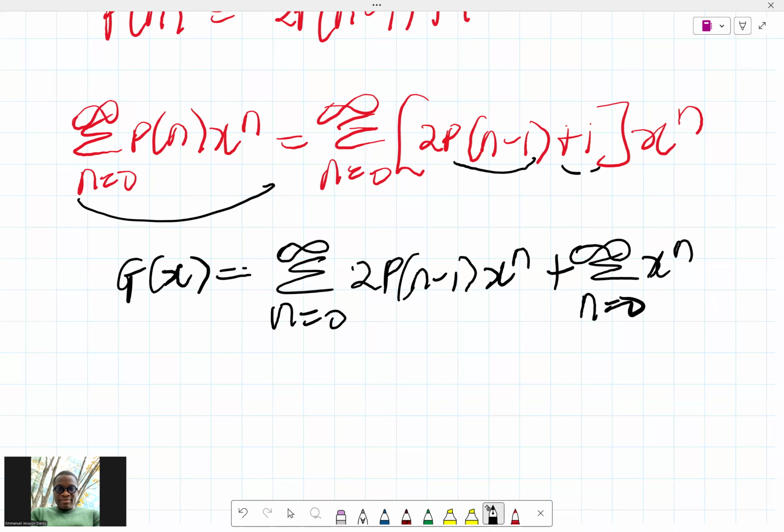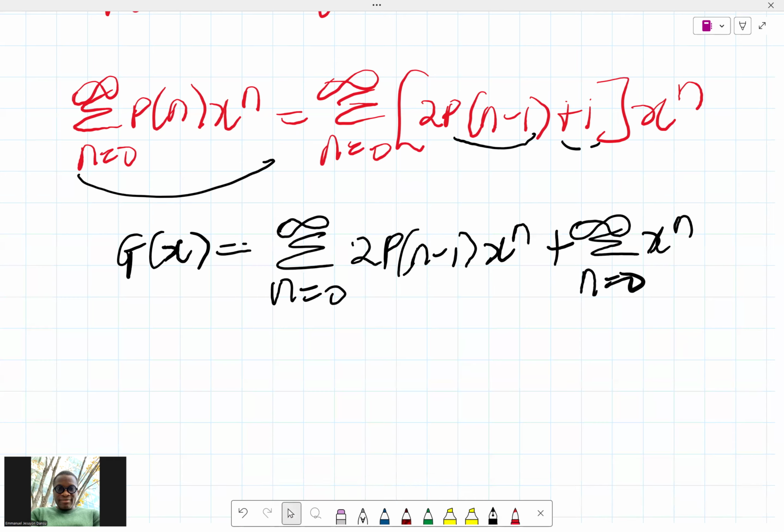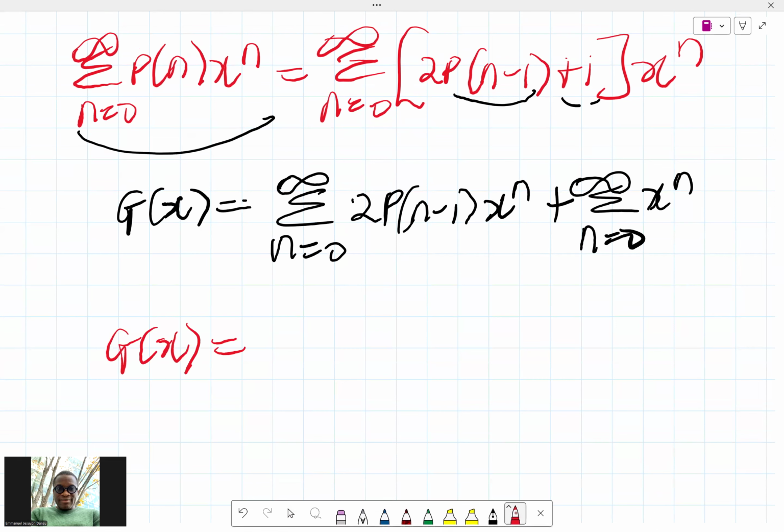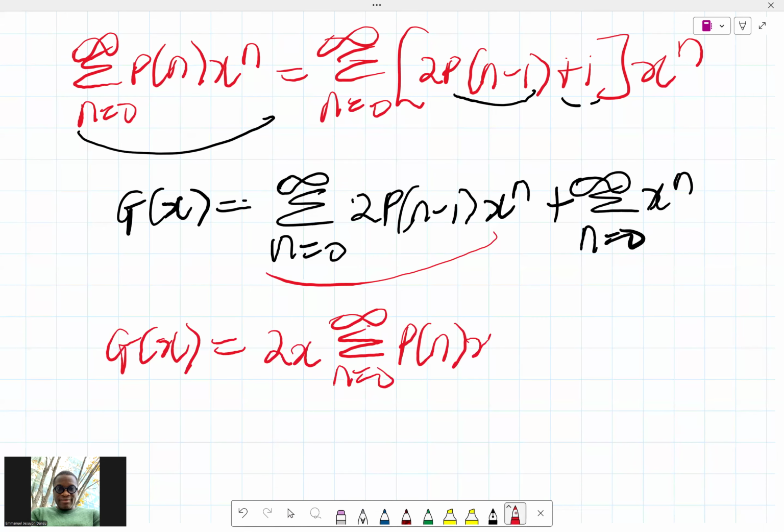And if that is the case, then we can go ahead and do the next thing. So g of x now will be equal to 2x summation from n equals 0 to infinity of p of n x raised power n.